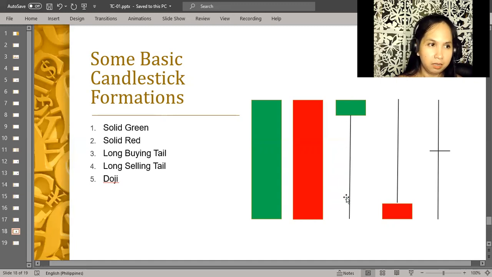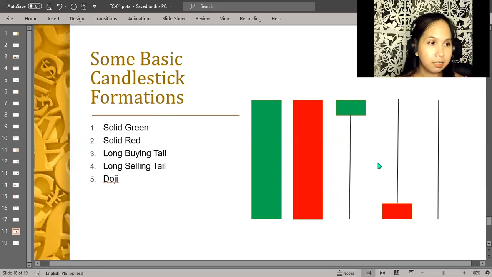But they did not succeed though because the buyers then rushed in and closed the price near the high. Now, let's turn our focus on the tail. So we call this a buying tail because it shows you how the buyers supported the price at the area. So the attempt really to push the price down was rejected at the area of the tail.